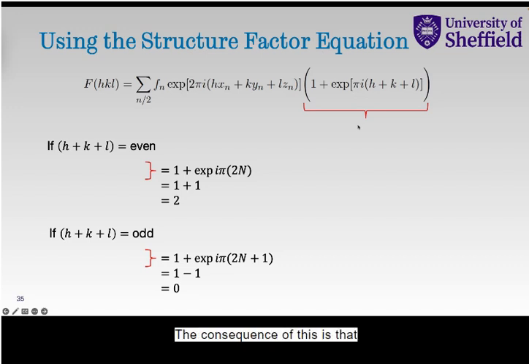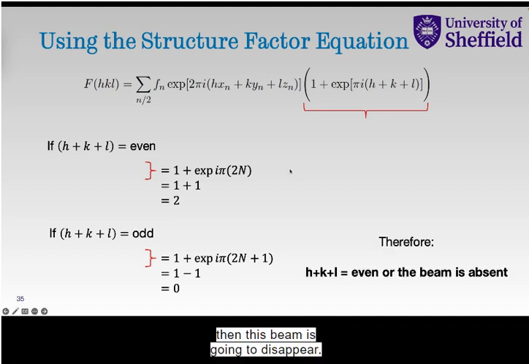And the consequence of this is that the beam is going to disappear. If h plus k plus l is odd, then this beam is going to disappear, and therefore we are not going to see it in the diffraction pattern. This is really important to understand: because of this structure factor equation, certain symmetries within our pattern will cause certain beams to appear or disappear.